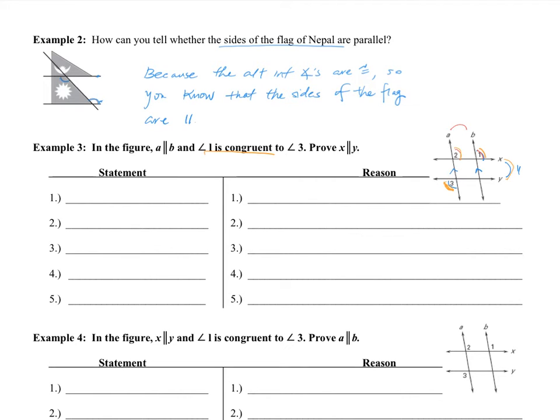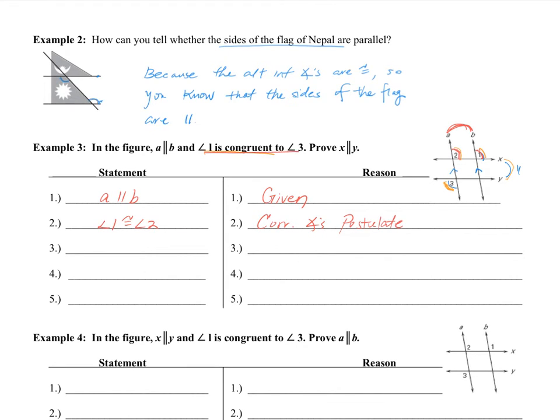So now this is my logic in proving this statement here. I'm going to write A is parallel to B, given. Angle 1 is congruent to angle 2. Remember I told you earlier, angle 1 is congruent to angle 2 because A and B are parallel. So corresponding angles postulate.